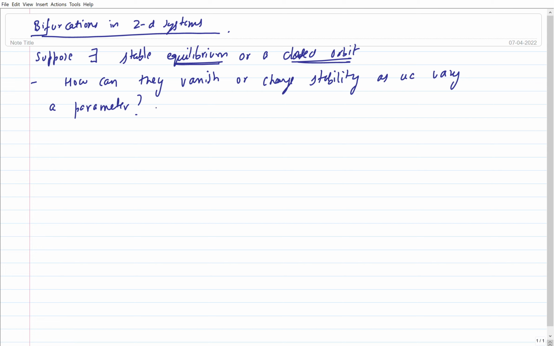And we studied some normal forms in saddle node, pitchfork, transcritical bifurcations.